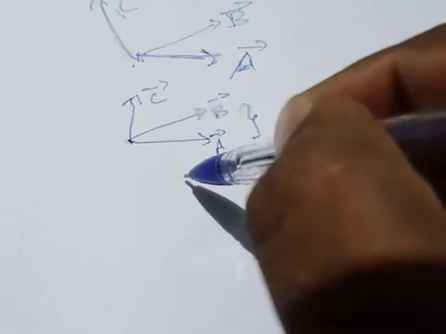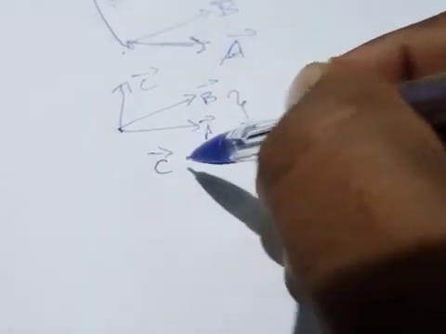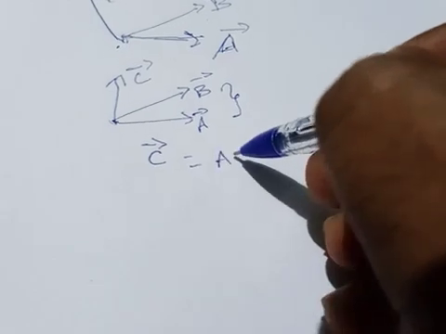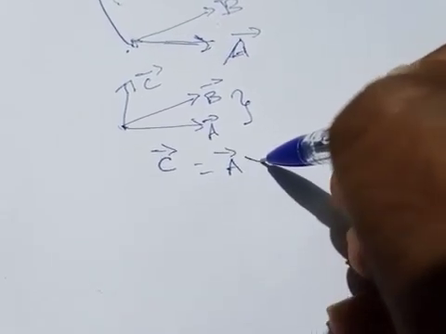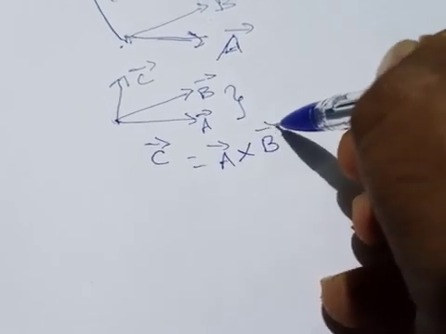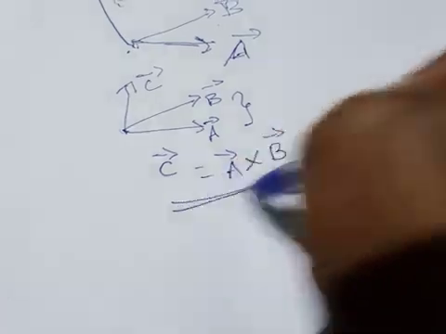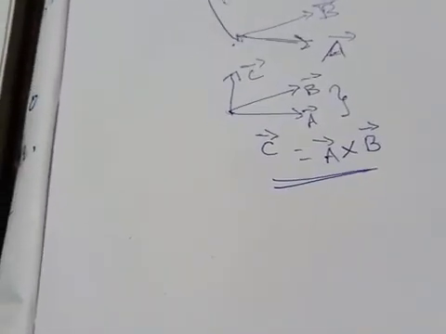So if we are taking the resultant of this, we will get C vector is equal to A vector cross B vector. And this is what we called as cross product or vector product.